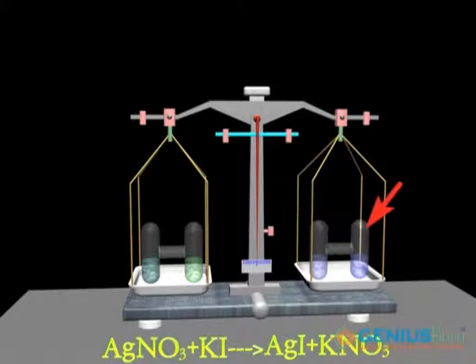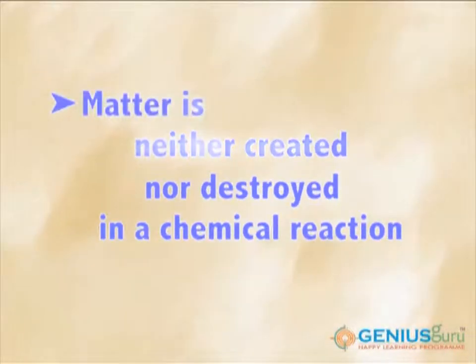Coming to the right hand side jar, the reaction is completed so that they form new products. Here the mass is also the same. So the mass of the reactants becomes equal to the mass of the products. Hence, matter can be neither created nor destroyed in a chemical reaction. And similarly, this logic is applied for all chemical reactions.